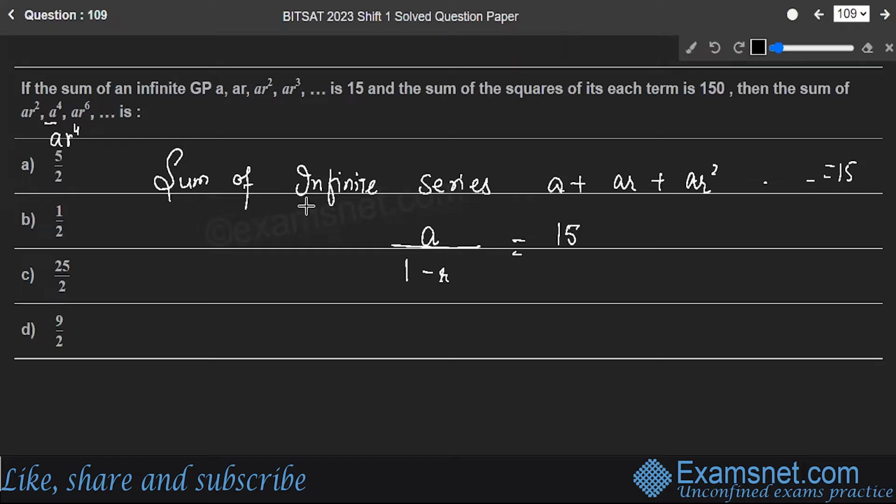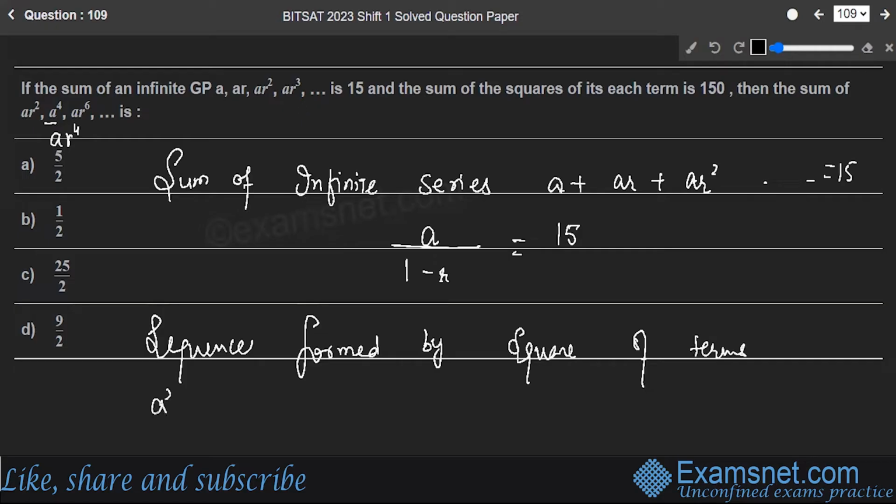Now the sequence formed by the square of terms is a square, a square r square, a square r power 4, a square r power 6, and so on.